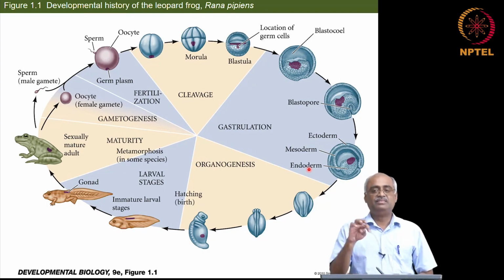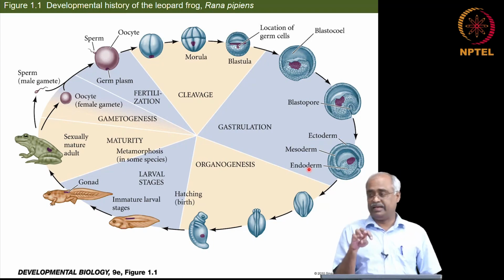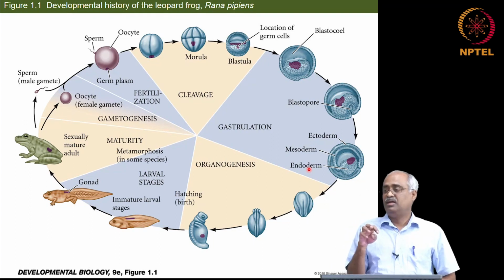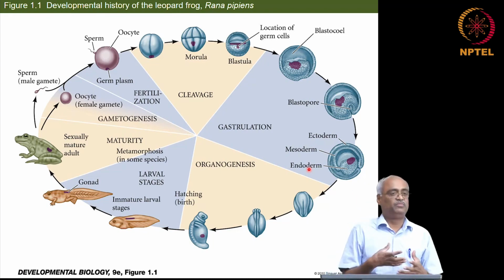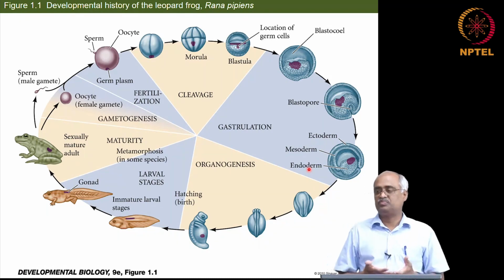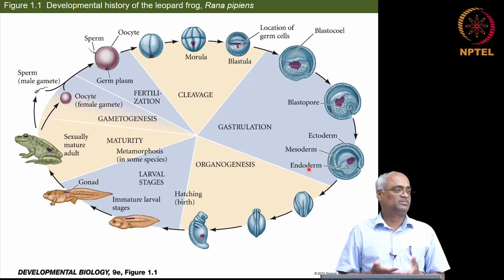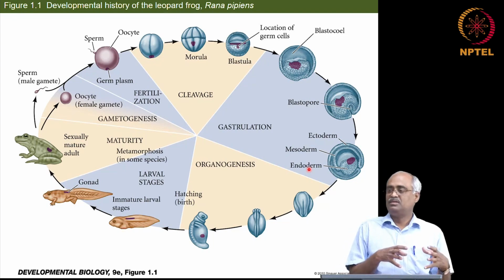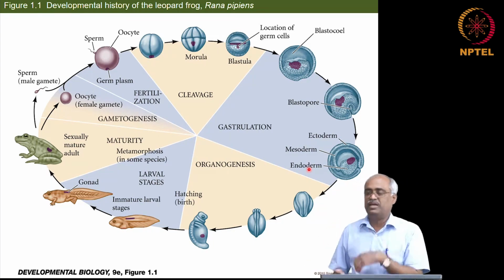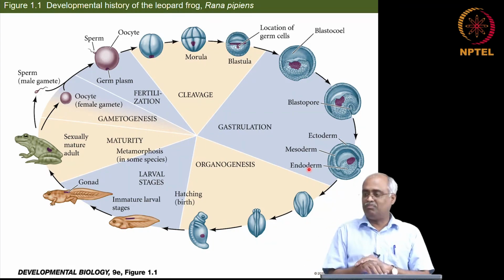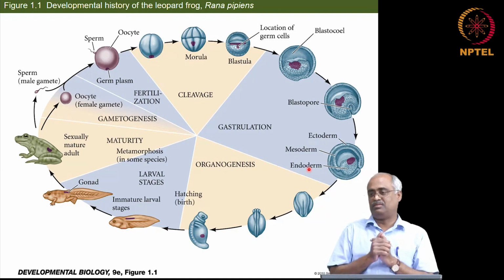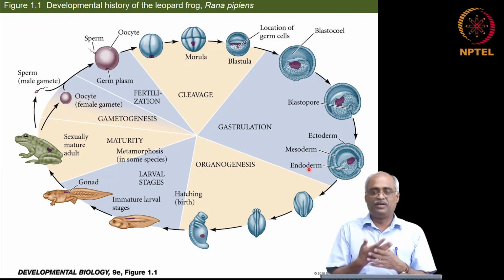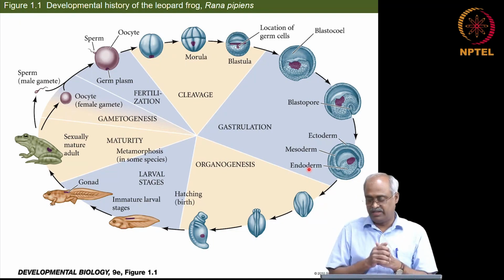Then cells of these three layers interact among themselves and undergo further rearrangements and migrations to give rise to specific functional shapes which we call organs, and that is organogenesis. So that is how you have muscle cells making muscles, and cells from ectoderm, for example, make our skin epithelium, the neurons, and the melanocytes, the pigment producing cells that protect us from the UV radiation.